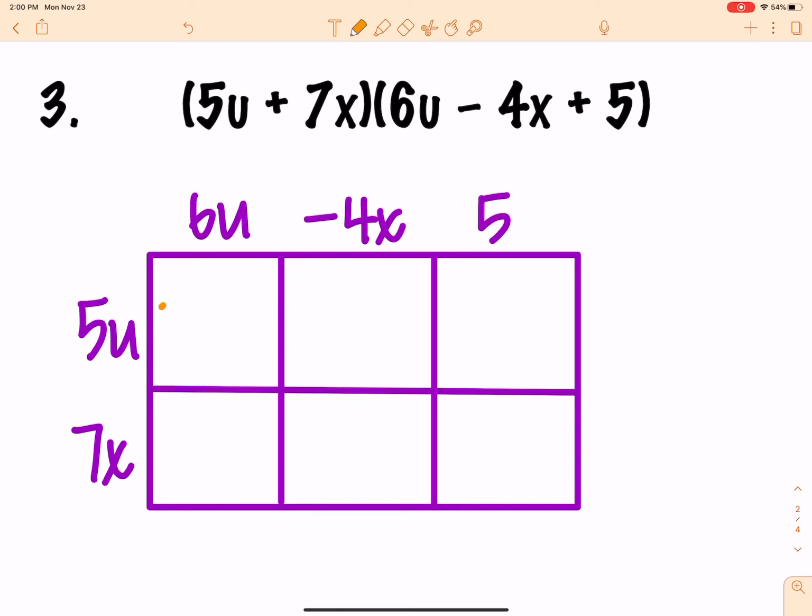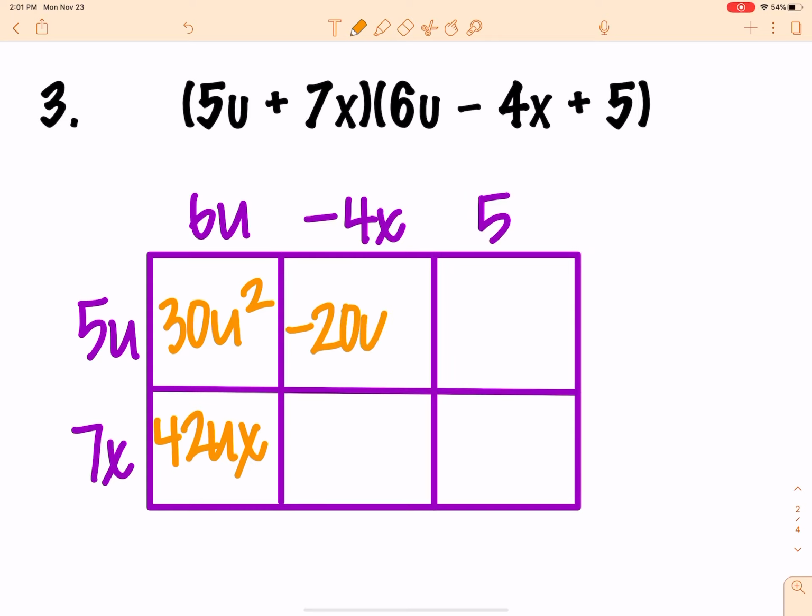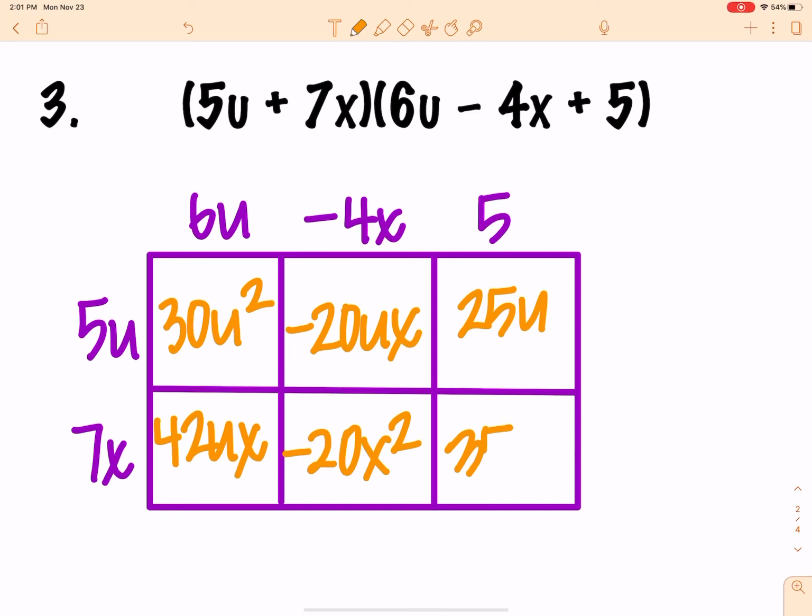Okay, so this would be 30u squared. Underneath it, you would get 42ux. And then we'd keep on going. And then the last column, we would get 25u and 35x.